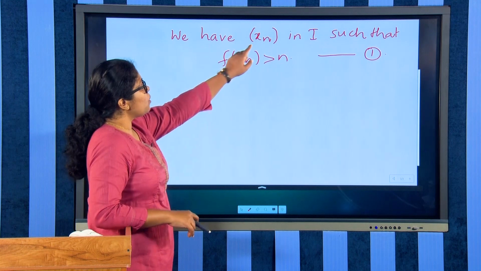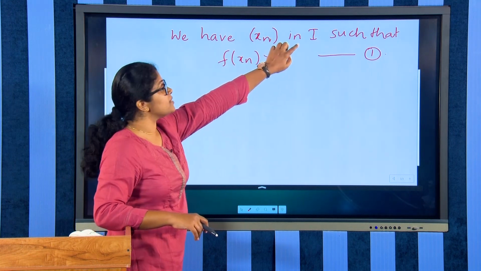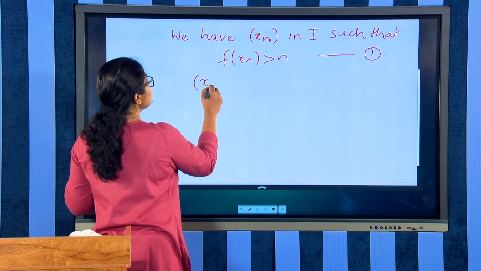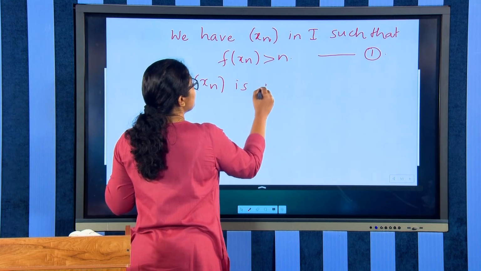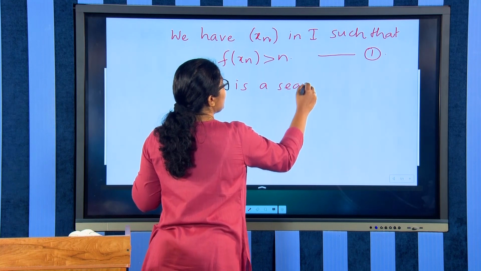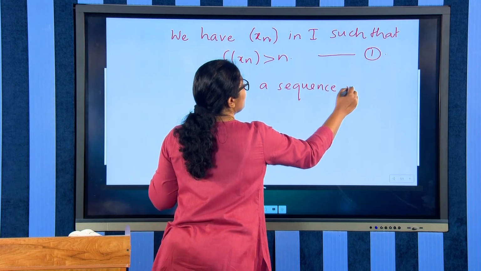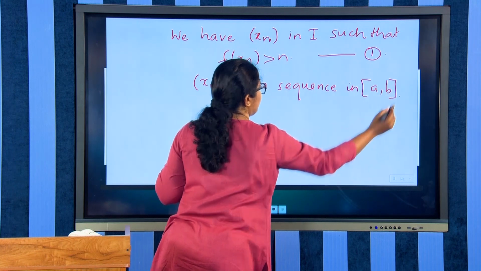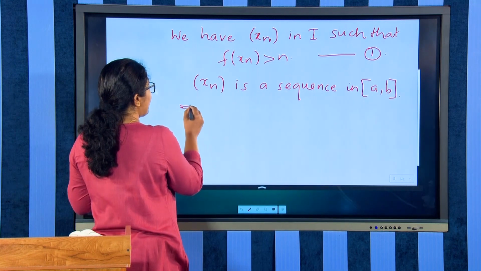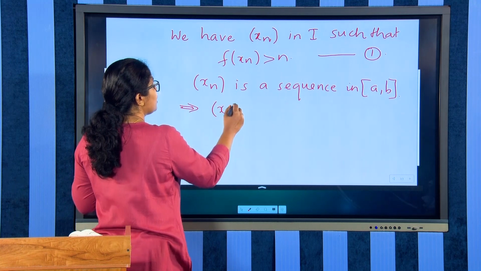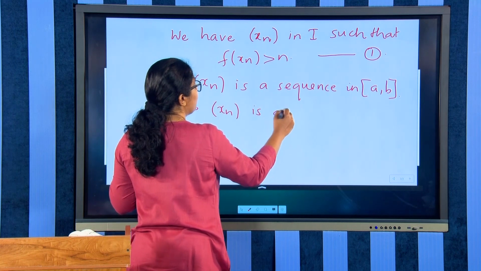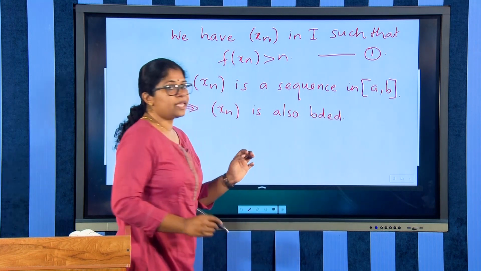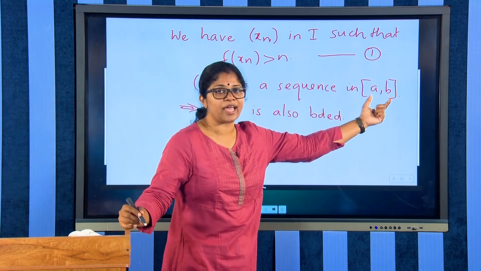Because this sequence xn is a sequence in the closed bounded interval [a, b], it indicates that the sequence xn is also bounded, because a and b are finite values.